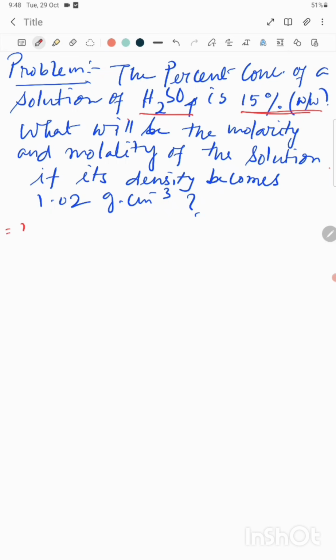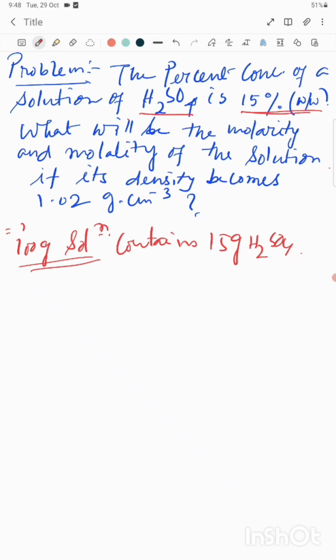So first of all, 15% w/w H2SO4 means 100 gram solution. Here 100 gram solution contains 15 gram H2SO4.